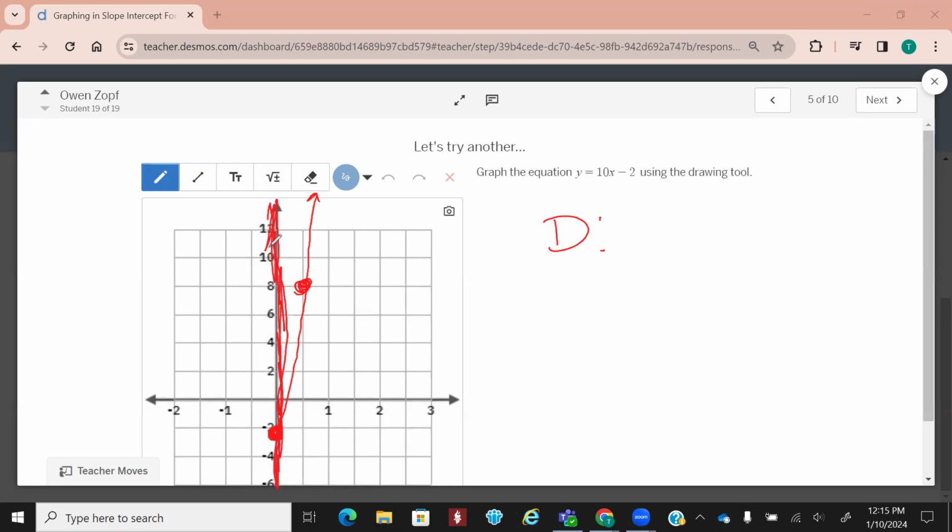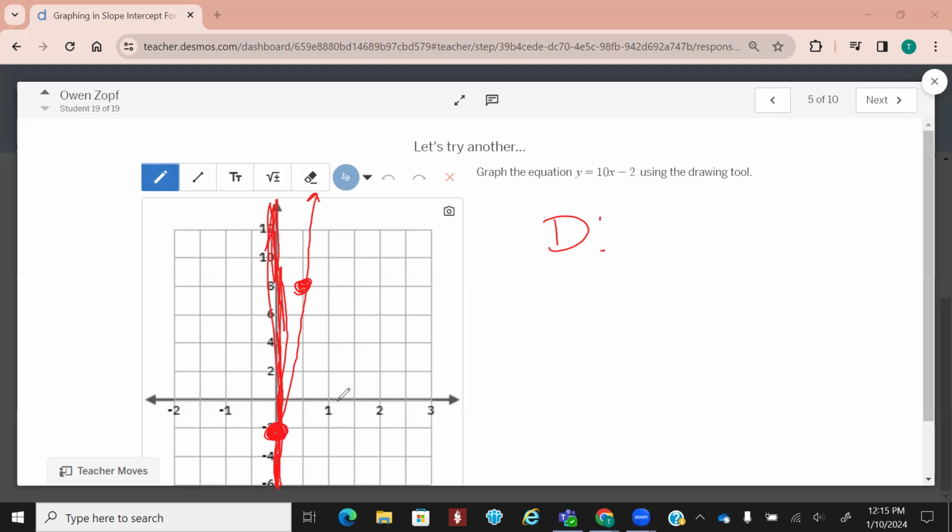What is this vertical line I'm drawing? Let me ask it this way. What is this point right here? Label this point. It's not just -2. A point has 2 parts. What location is this?